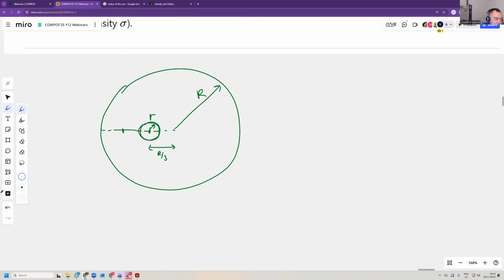So from the picture, you could guess that the center of mass would be somewhere here, on the right-hand side. So we draw the x-axis. Now, let's place the center of this at point 0.